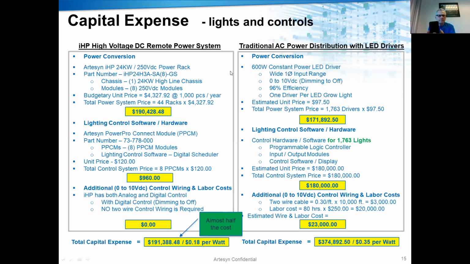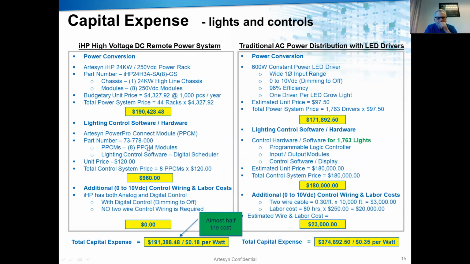This is more of expense versus efficiency, but there's some of it in there, because here is the price basically if you use these rack systems centralized, the number of racks you're going to need, all the modules you're going to need. It's about 190,000. Okay, using the drivers, you're going to need 1,763 drivers at about 97 bucks. So you're at 171, a little bit better, right?